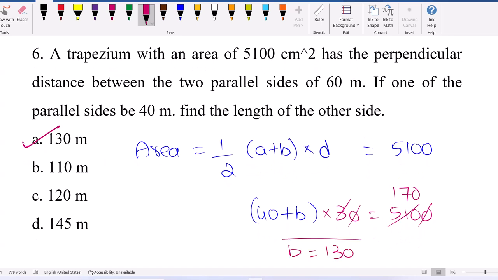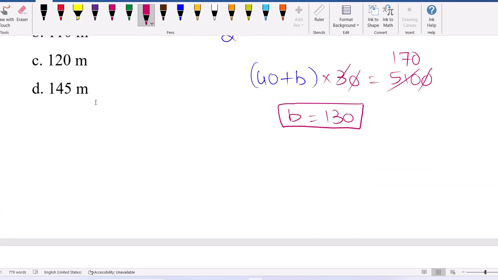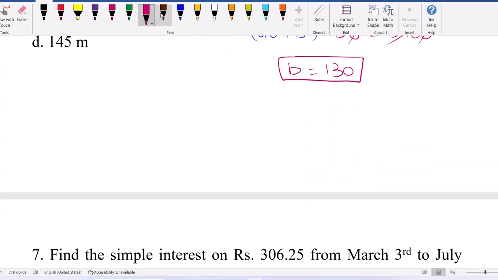Now let us see how we can claim the area of trapezium is half of sum of parallel sides into distance between parallel sides. Trapezium shape is like this.